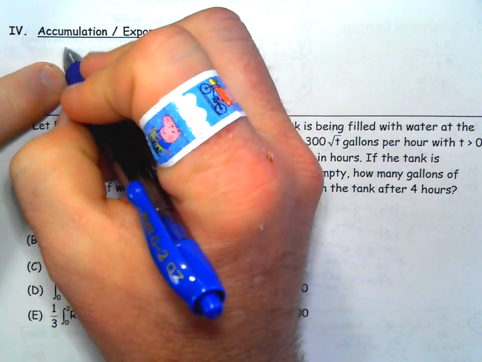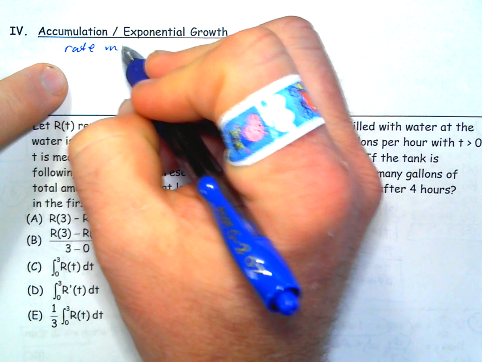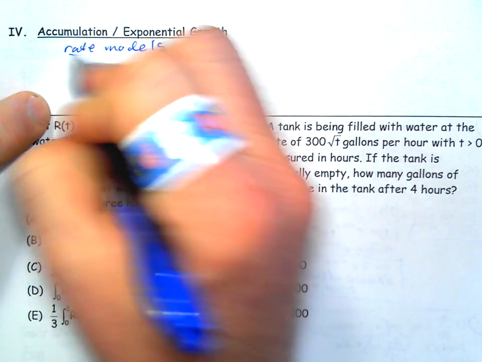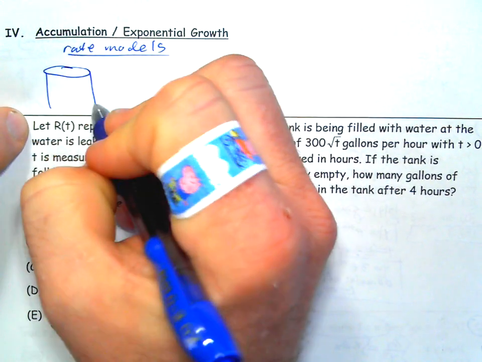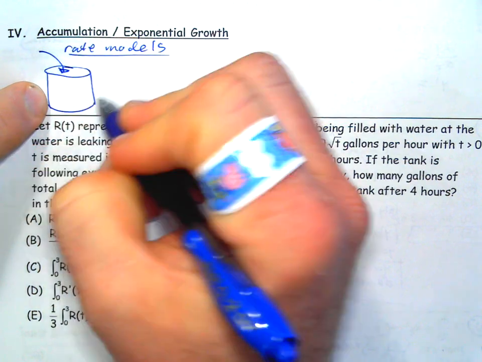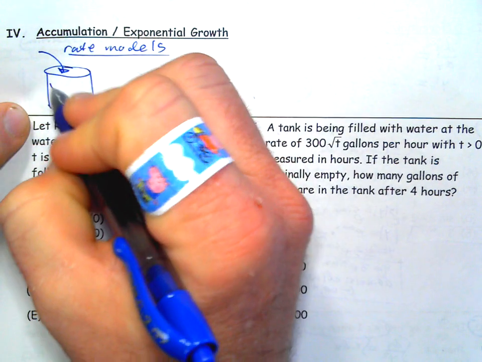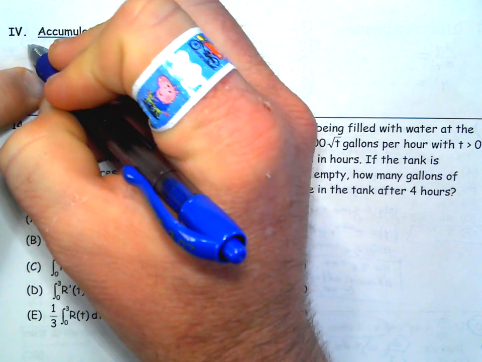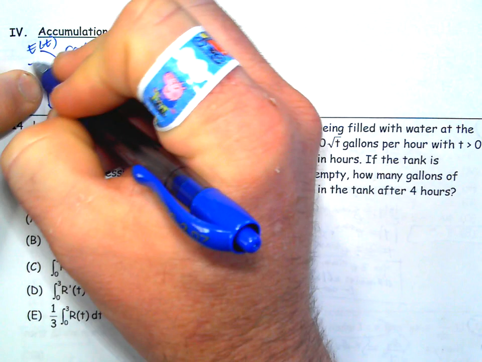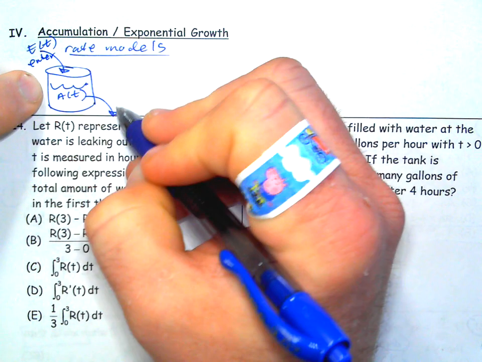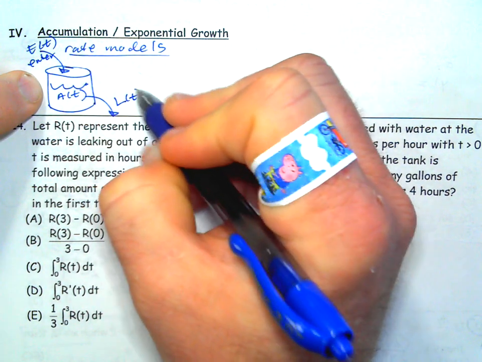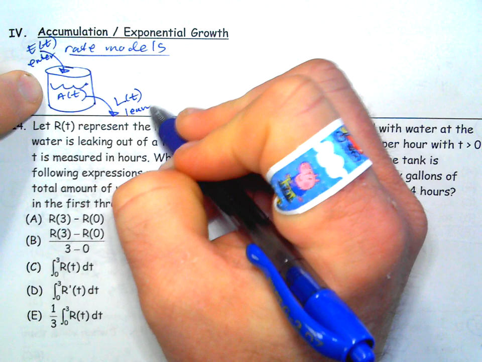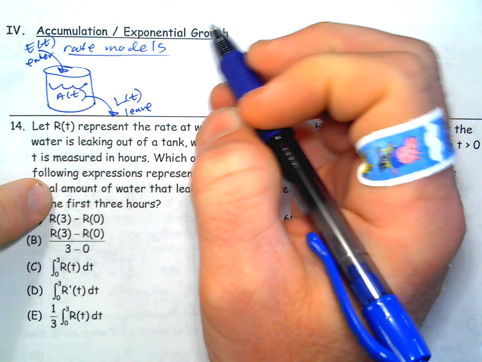So we have rate models, and sort of generically, you might think of a tank that has water coming in and water coming out, and a certain amount of water at any certain time. So the entering rate, we might generically call it E. Unless they give you a name, the leaving rate we might generically call L. But if they give you names for those, use those names.